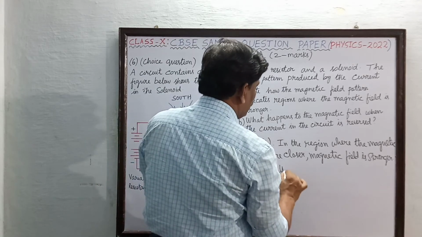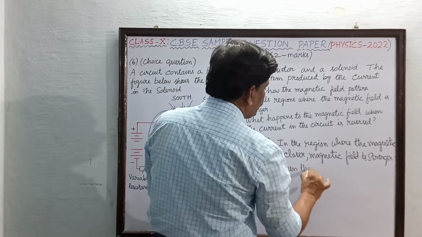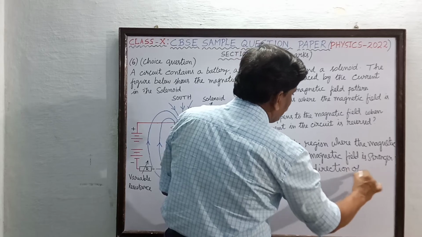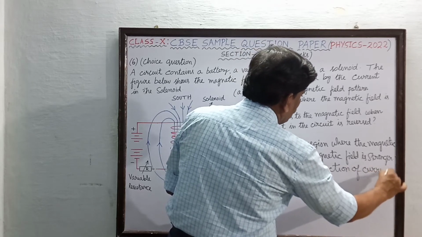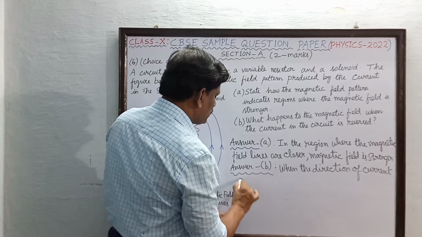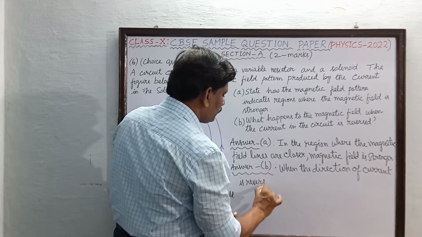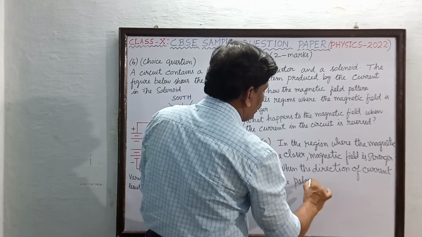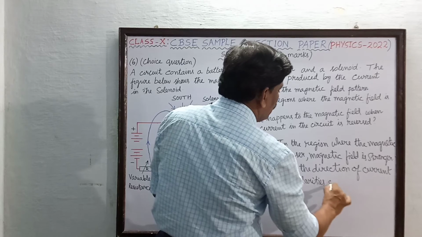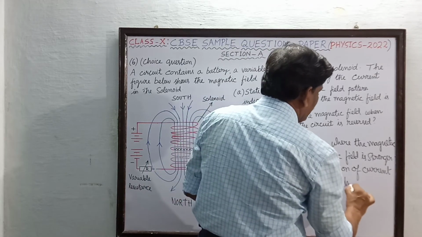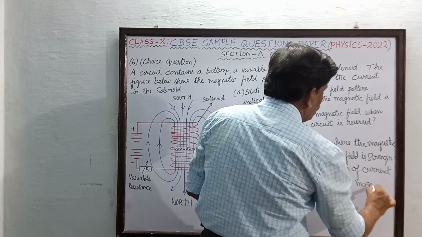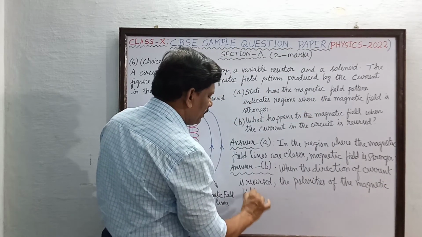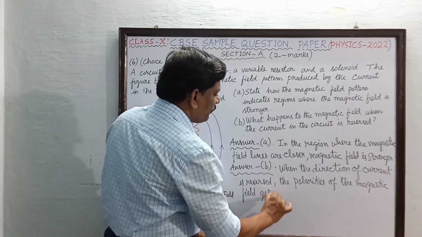So the answer to the second part B. When the direction of current is reversed, the north-south polarities of the magnetic field get reversed.